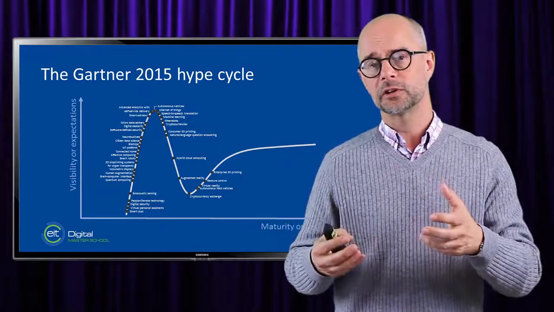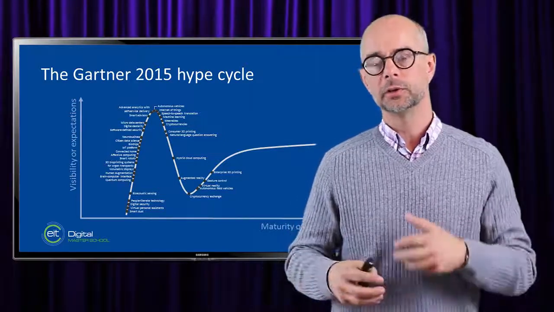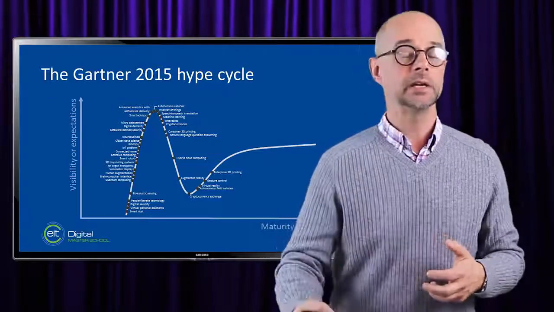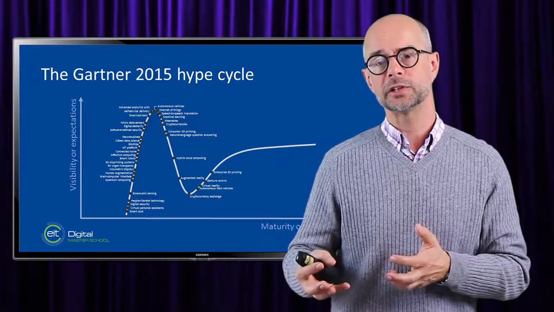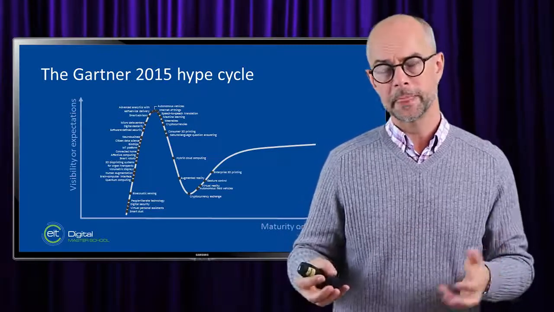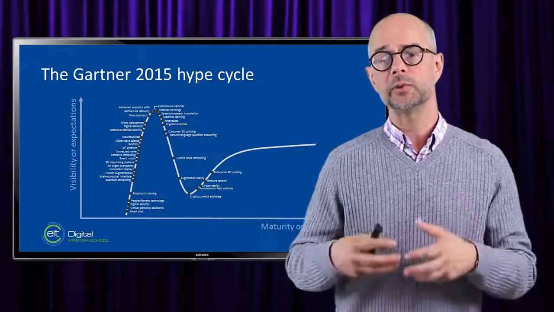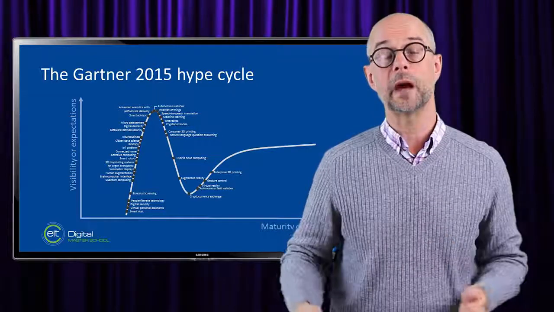How do we use the curve? Well, it's a question about timing. We need to plan what we do, whether we invest or we do R&D or we plan some marketing activities. And this will give us an indication of where the technology is so we don't waste resources. In our course here, we will use this as an input when we try to look at the impact of technology and draw the map of the future.